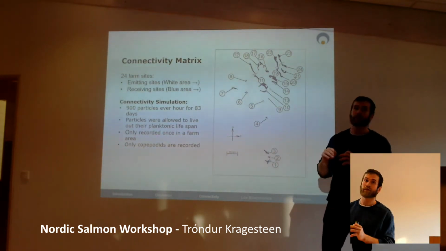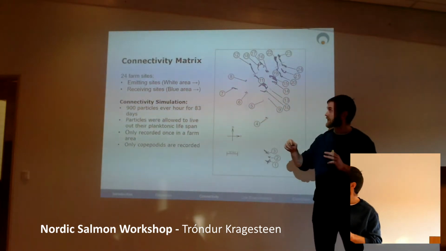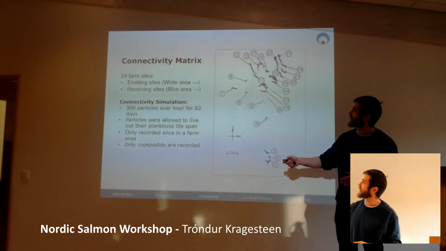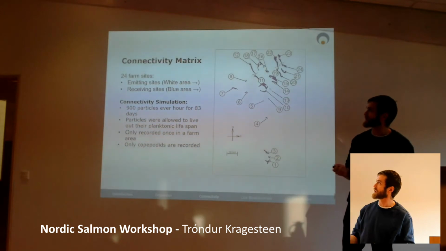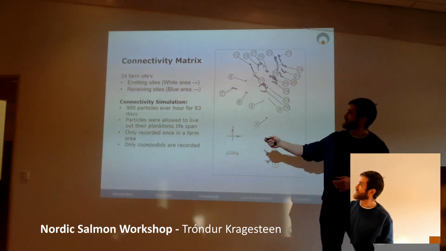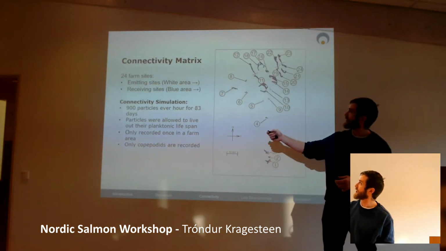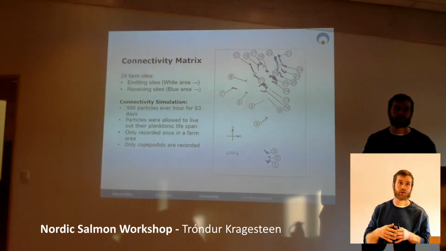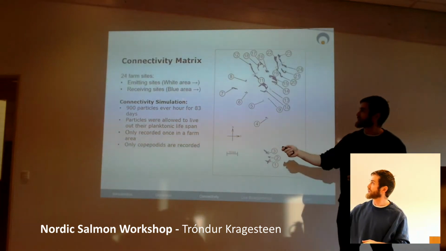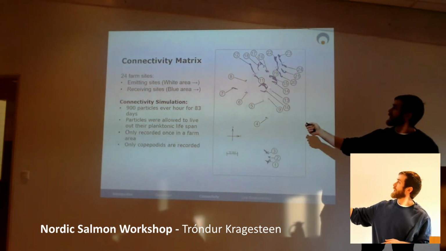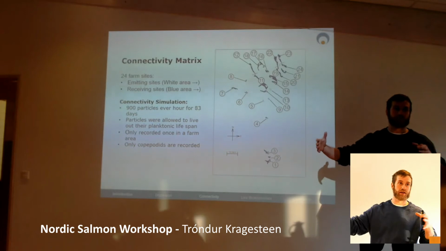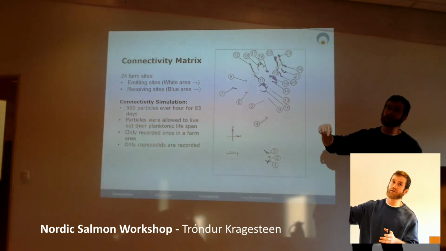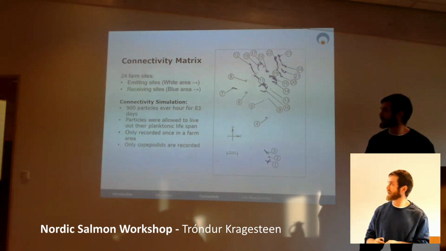We looked at how many particles go from one farm site to another or their own, and you can do these connectivity matrices. We defined 24 farm sites where the white areas here are the emitting sites, that's where we release particles, and the receiving sites are these blue areas around the emitting sites. If a particle enters the blue area, we count it as a connection.